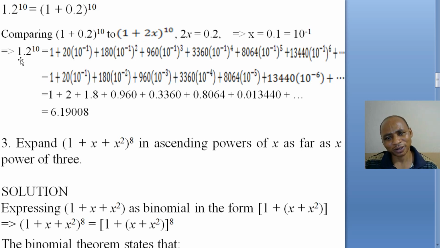Hence, we can conveniently say that 1.2 raised to the power 10 is equal to, in place of x in the previous simplified expression, we put 10 raised to the power negative 1 there.